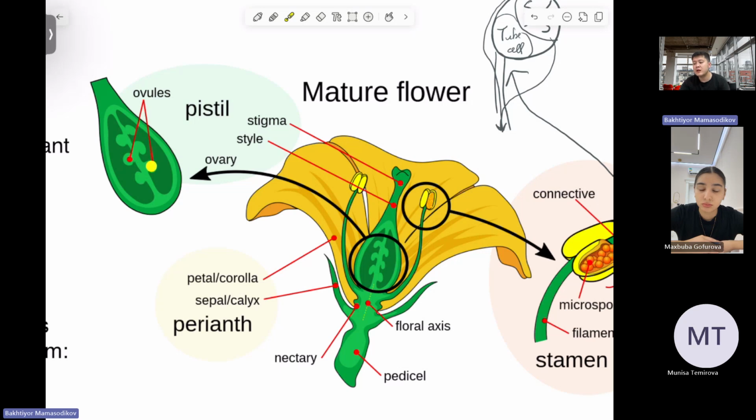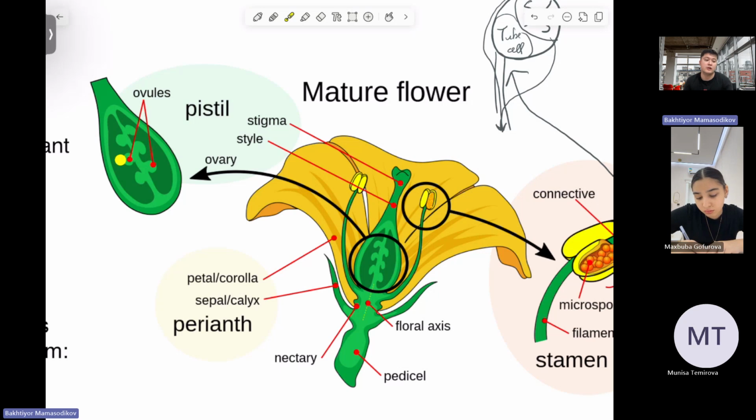The ovule itself is the structure that develops into the seed after fertilization. These ovules will become the seeds after the fertilization, and the ovary becomes the fruit.